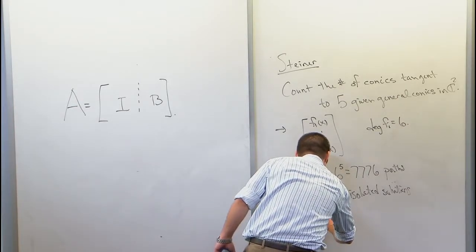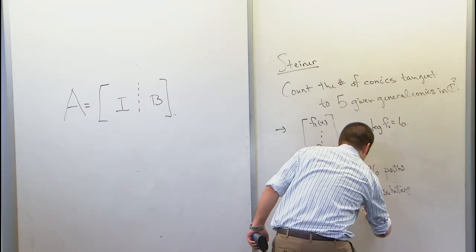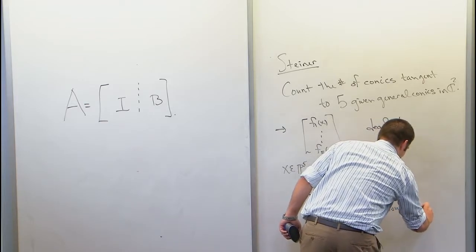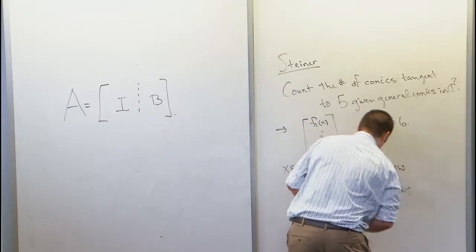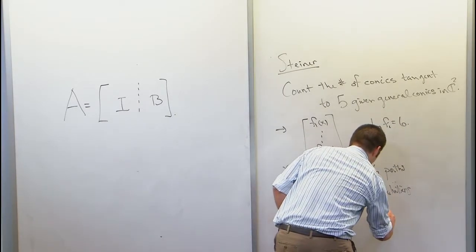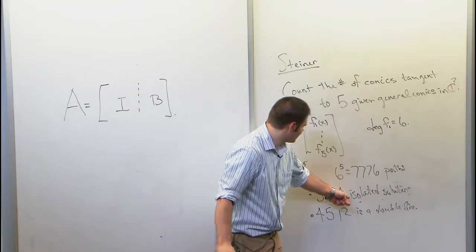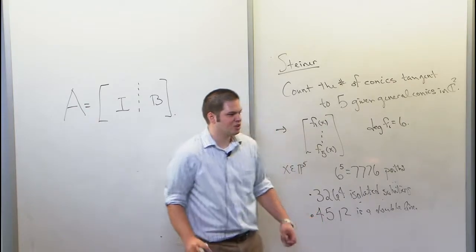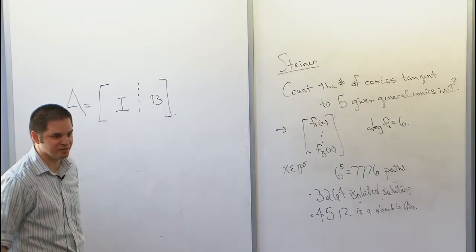They lie on the so-called double lines. So these are honest conics tangent, and these are double lines which are fakely tangent because you have the multiplicity coming from the double line.